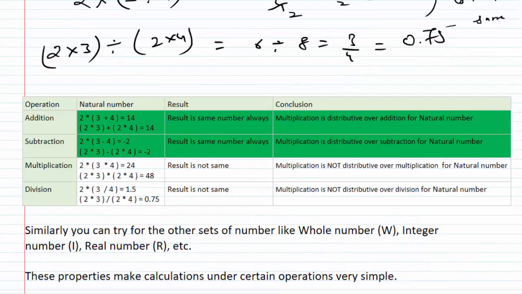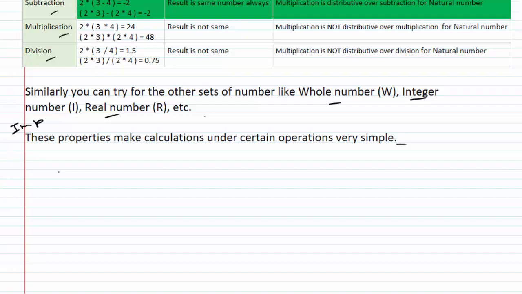Similarly, you can try for other sets of numbers like whole number, integer number, real number to check whether multiplication is distributive over operations such as addition, subtraction, multiplication and division or not. An important point to be noted is that this property makes the calculation under certain operations very simple. Let's take an example to understand this. You need to multiply 4 into 50 plus 3.